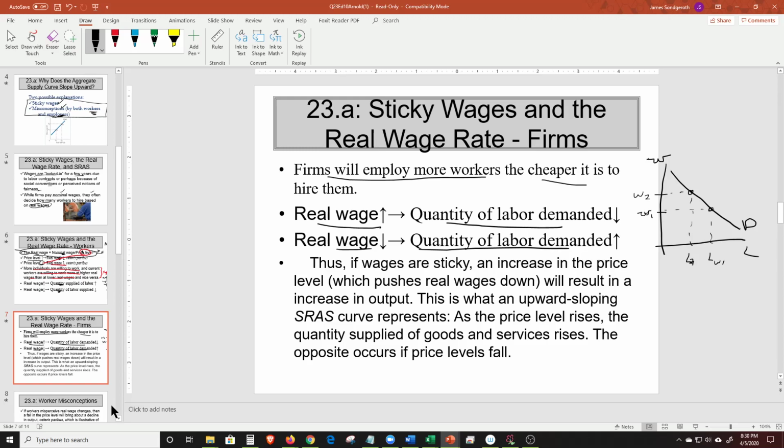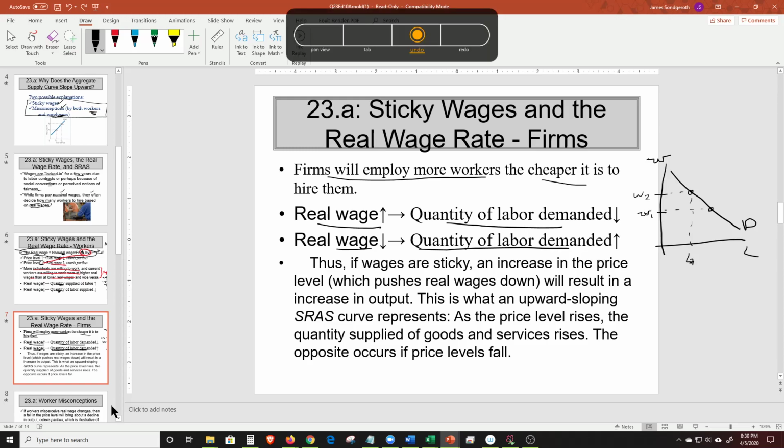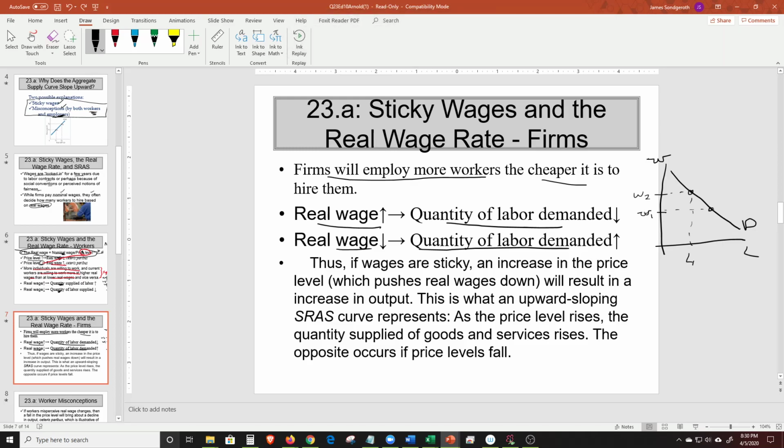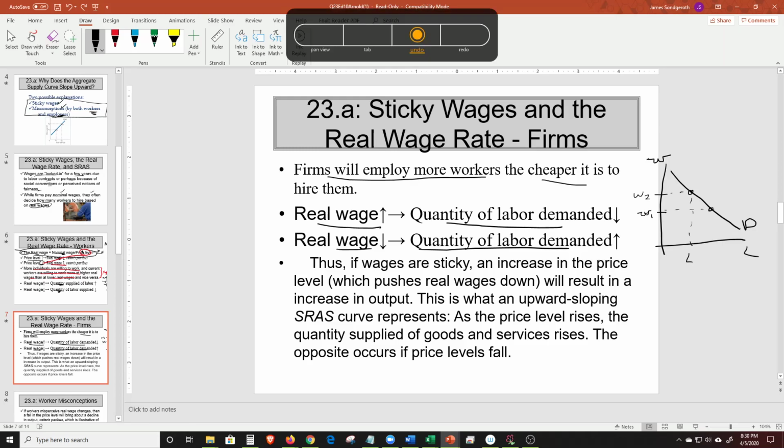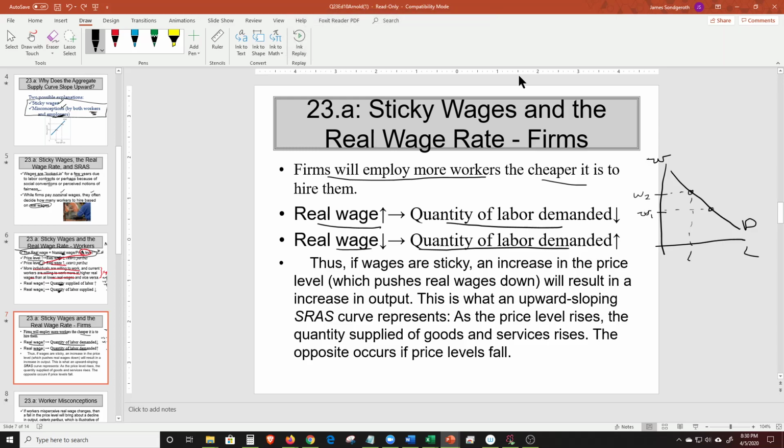And I wish I could erase that, but let's just see. There we go. And let's go back further. Okay, this is the quantity demanded at wage 1, and this is the quantity demanded at wage 2, okay?